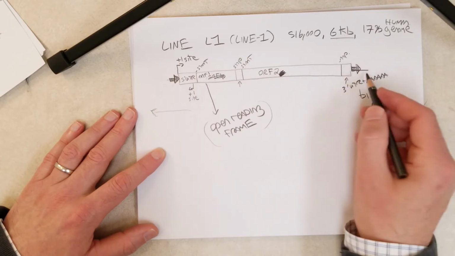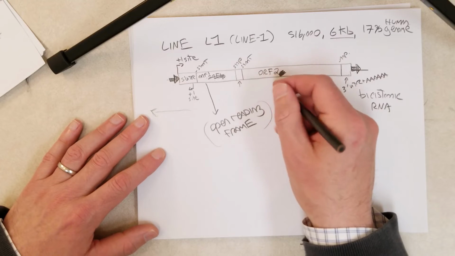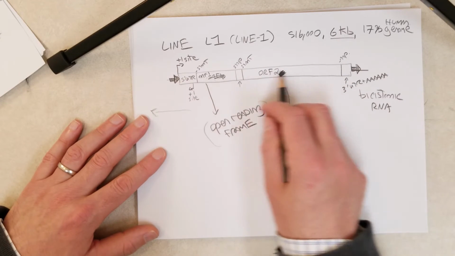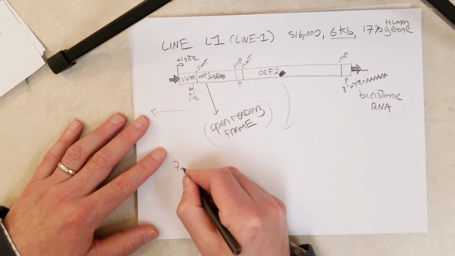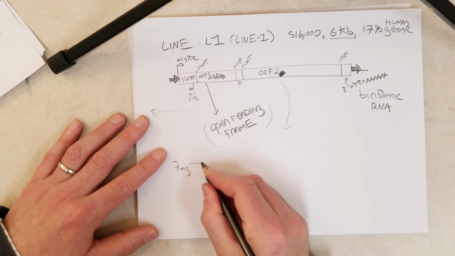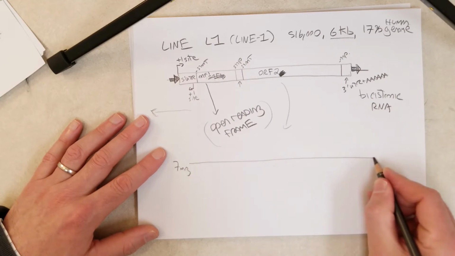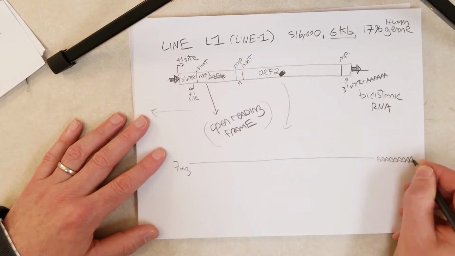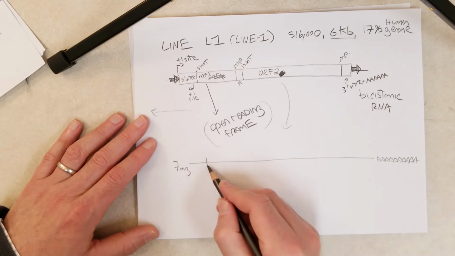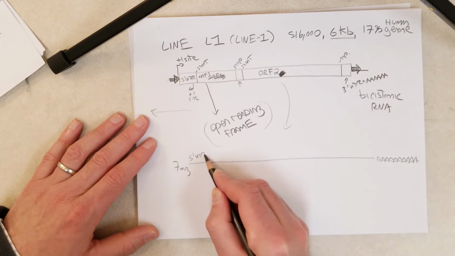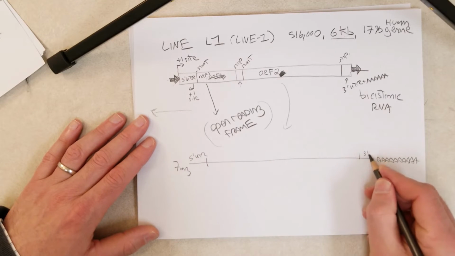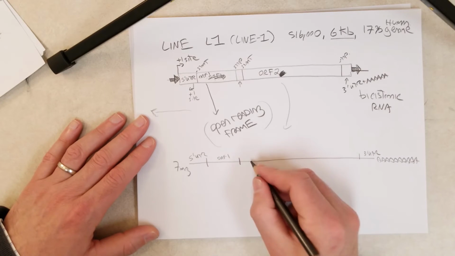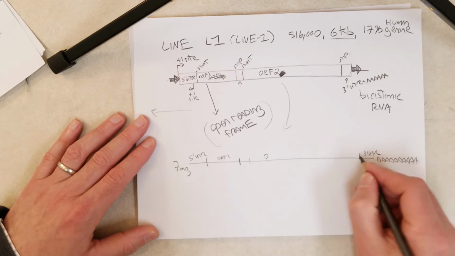Now, this is the genome right here. This is transcribed, and when it's transcribed, we are getting a messenger RNA, the poly A tail. We have the 5' UTR, the 3' UTR, and ORF1, ORF2 down here.